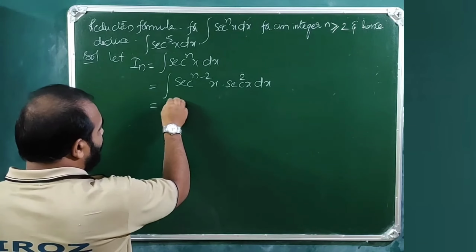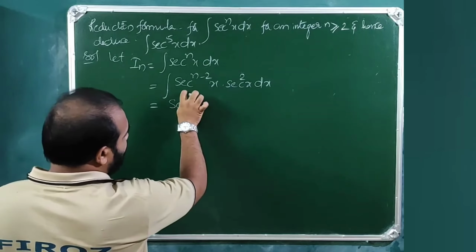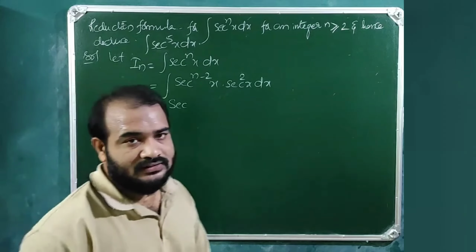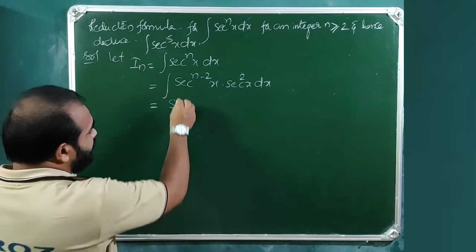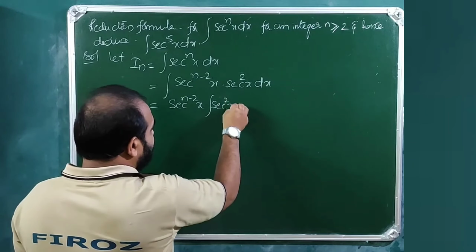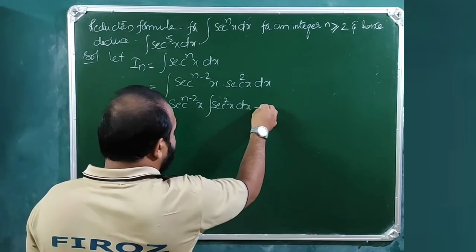This is the product of two functions, so we use integration by parts: first function into integral of second function dx, minus integral of d by dx of first function into integral of second function dx, whole dx.